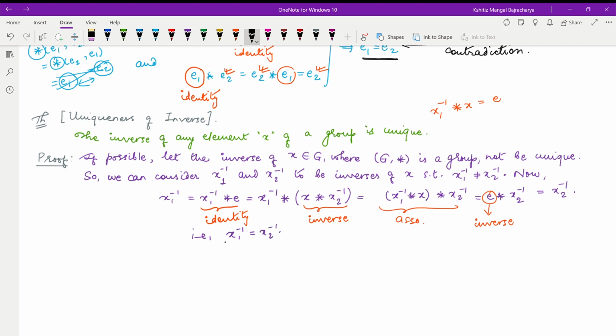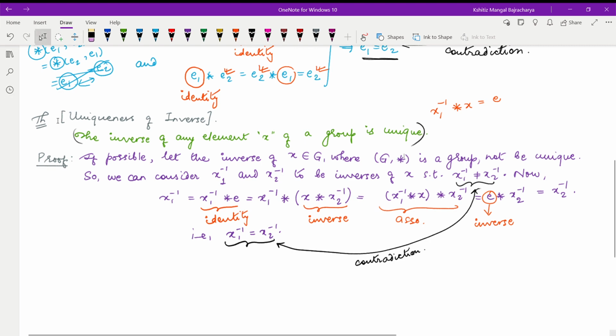Thus these two statements contradict each other. Contradiction. Okay, these two statements contradict each other, so we can conclude that the inverse of any element x of a group is unique.